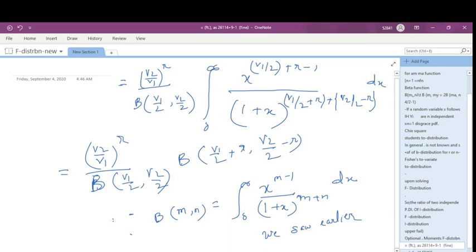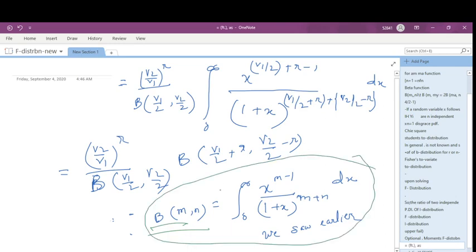This is a standard beta function which we saw in one of our slides. The whole idea is to convert it into this format. So here you will see the beta function with nu1 by 2 plus r, nu2 by 2 minus r.